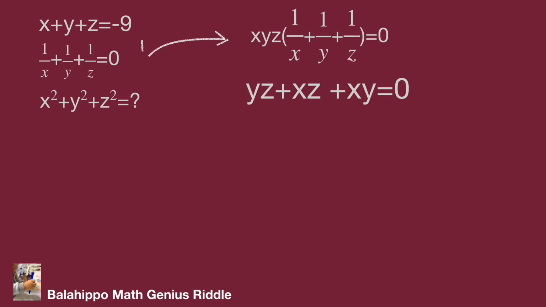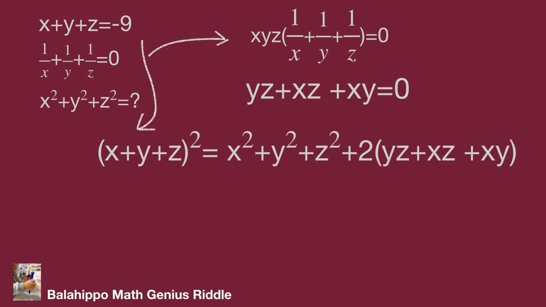After that, square the equation x plus y plus z. Then we get (x plus y plus z) squared equals x squared plus y squared plus z squared plus 2 times (yz plus xz plus xy).